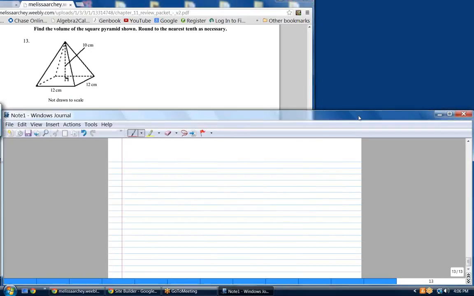What's the formula for volume of a pyramid? Whoa, I do not remember that one. The fact that it goes to a point, what does that tell you? What's the formula for the volume of a cone? The volume of a cone is 1/3 pi r squared times the height.